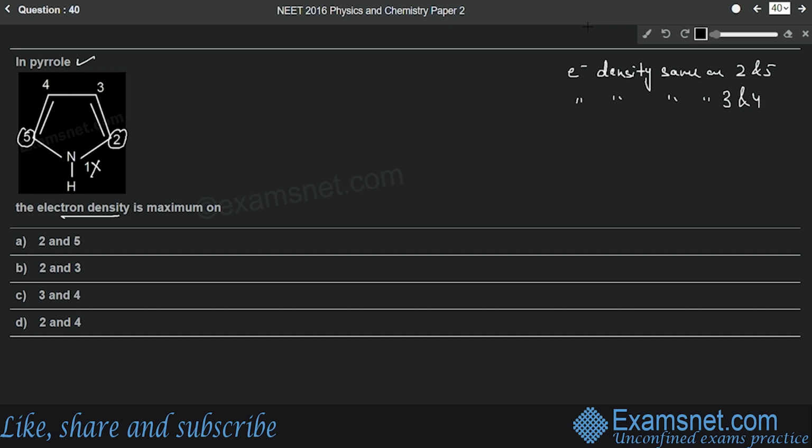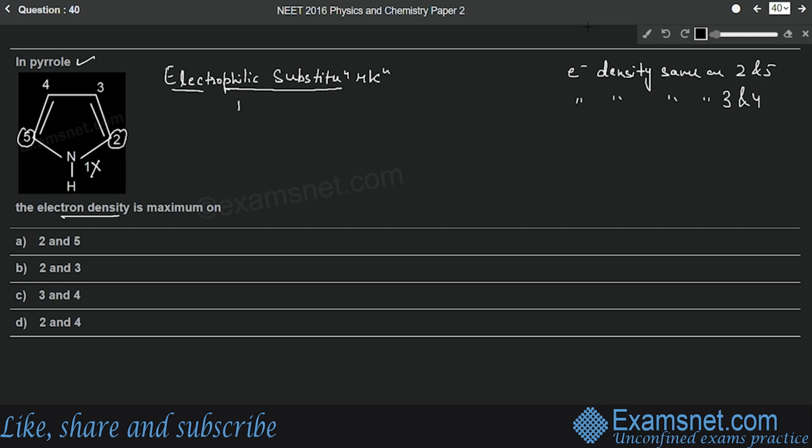Okay, now how to determine which position will have maximum electron density? So for that we have to consider electrophilic substitution reaction, because we know that electrophiles are electron loving groups and they will get added at the position which has maximum electron density.